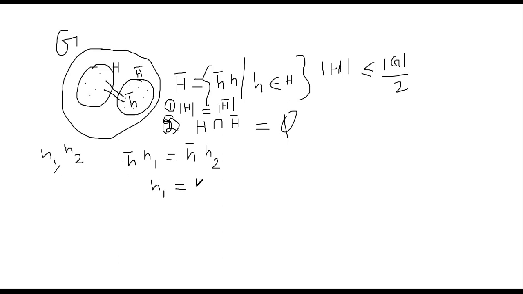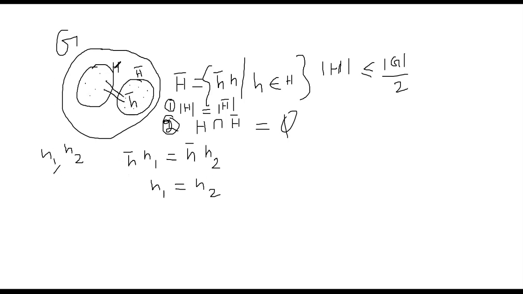Okay, that means the elements of the subset H bar are all distinct. That's what we have shown just now. There are no duplicates in this subset H bar, which means that they must be of equal length.